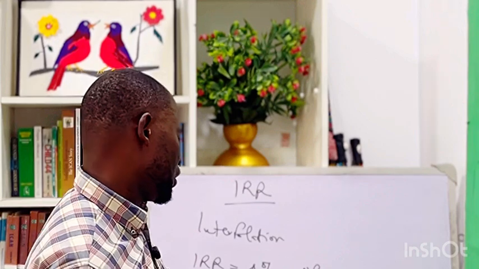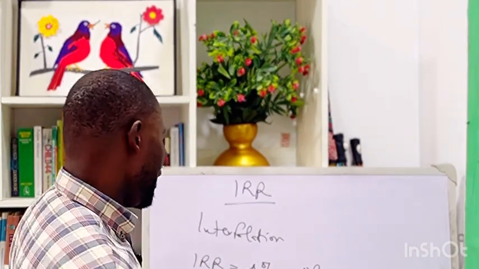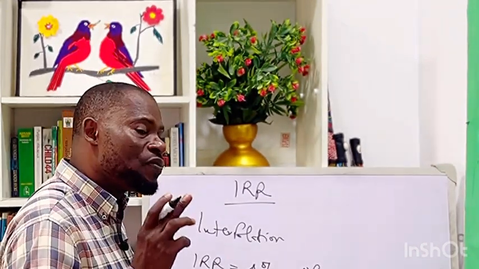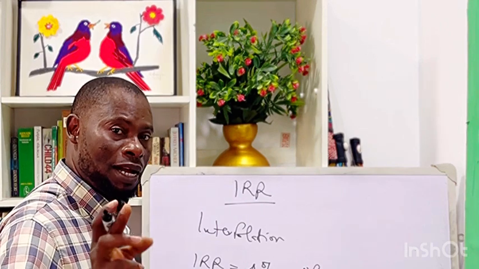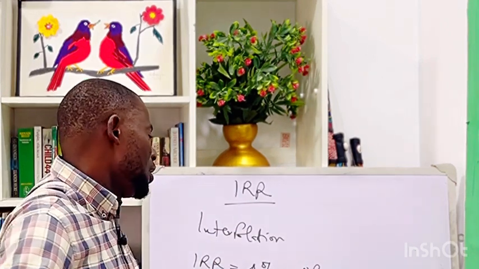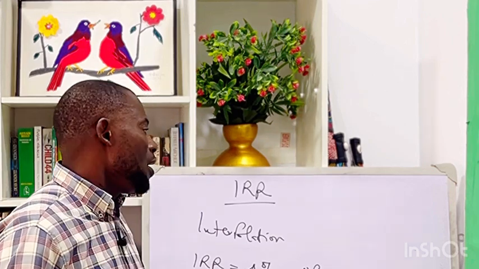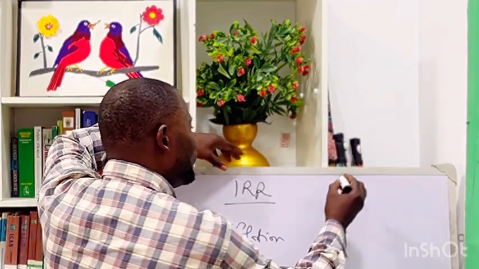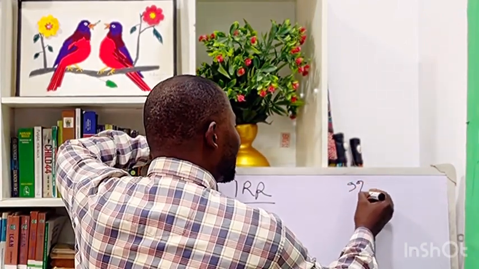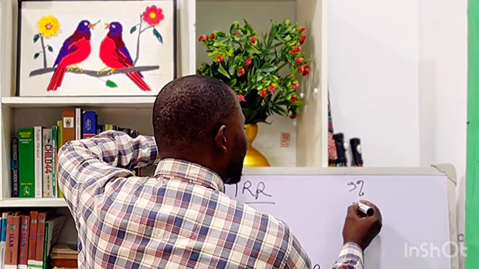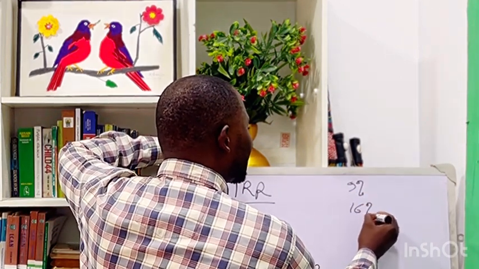Now look at this. Let me explain what this means. A% is the first cost of capital, the percentage that is used. That is the first cost of capital. As I was explaining, you have the first one 9% and the second one I said 16%.